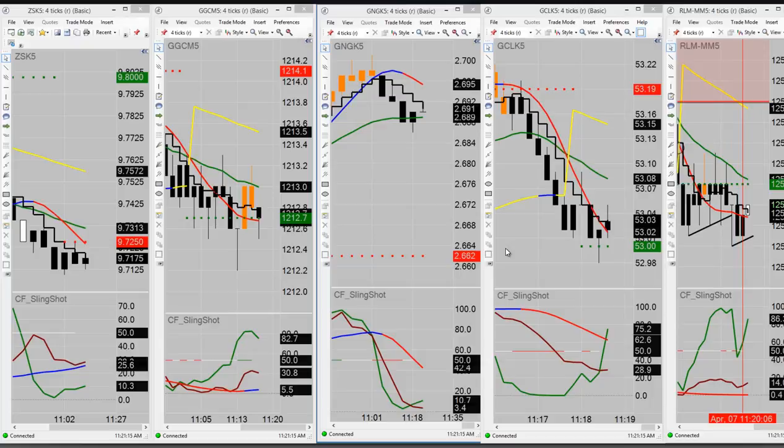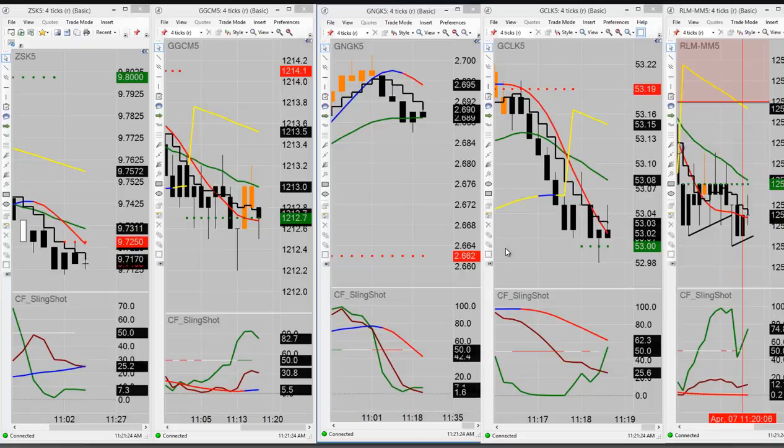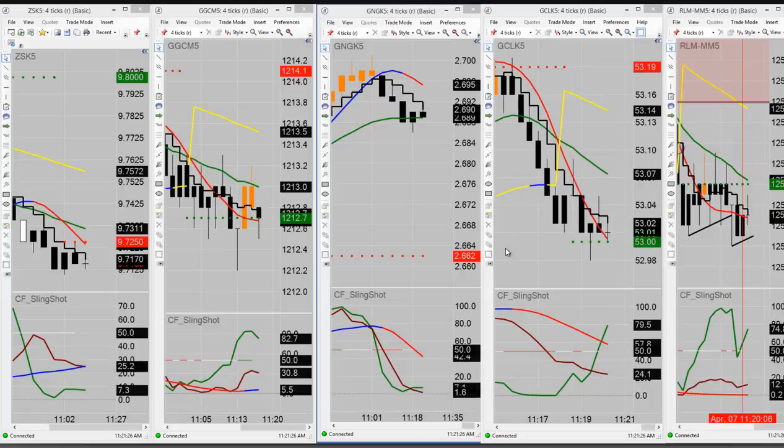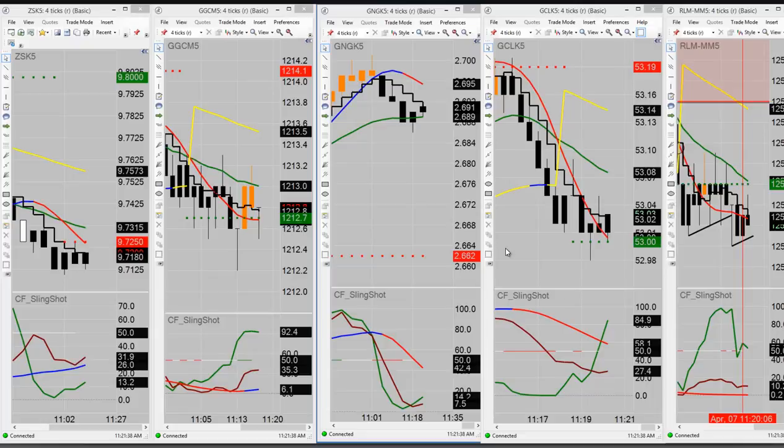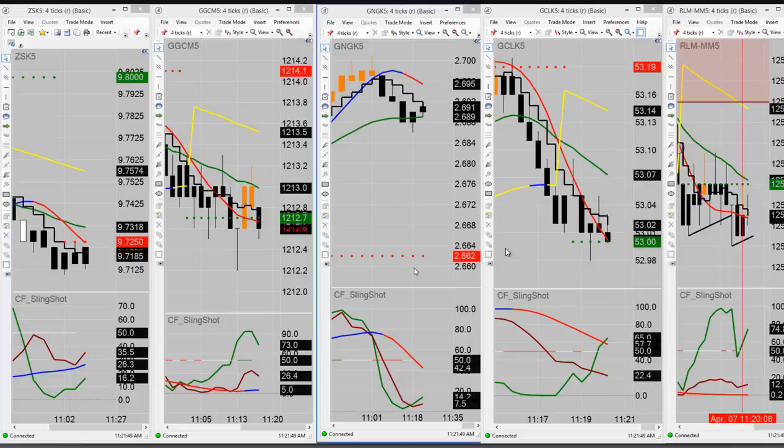So I have a laptop that I bring as a backup, and that booted up just fine. That's what I'm using. But it seems like it's good for an hour and a half, and then for some reason, it slows down. Well, I normally start the spreadsheet at 11:25. Today I'm going to start it at 11:22.